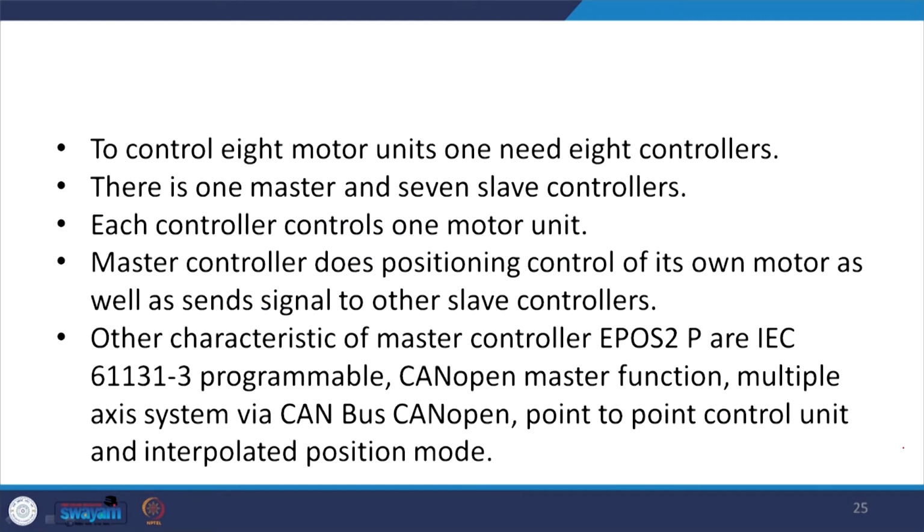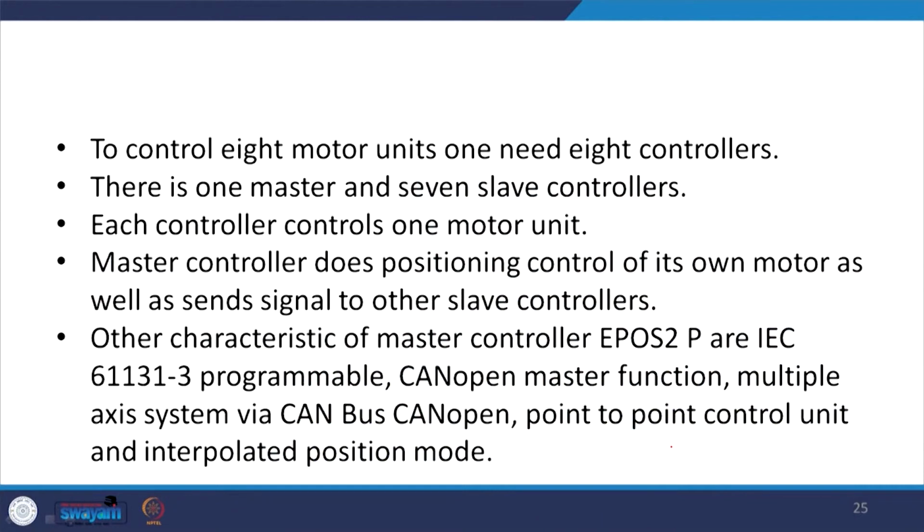To control 8 motor units, because we used 8 motors, 2 in each leg, one needs 8 controllers. So, there is one master and 7 slave controllers. Out of these 8 controllers one can be converted into the master controller, and the other 7 can be treated as slave controllers.